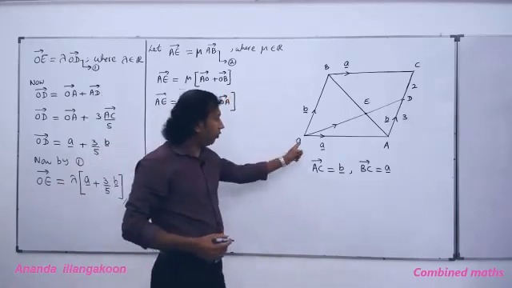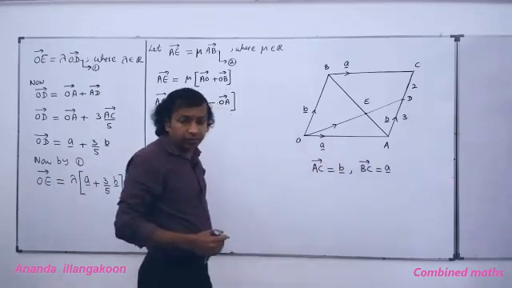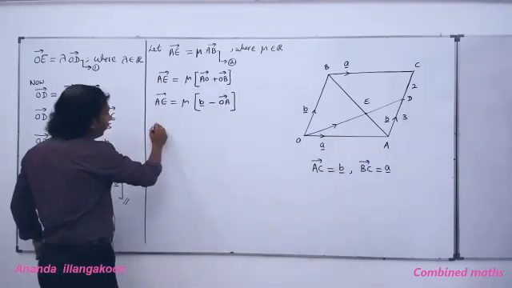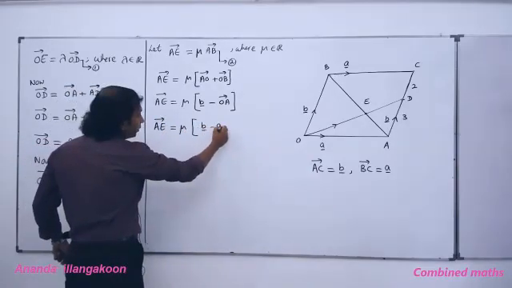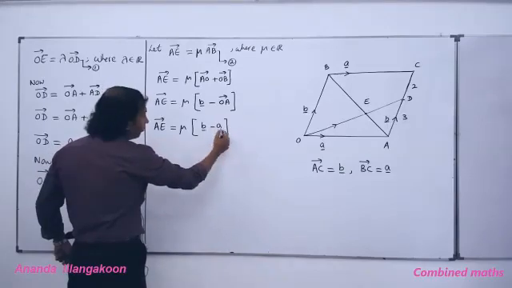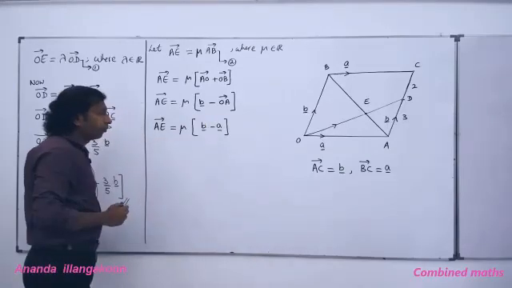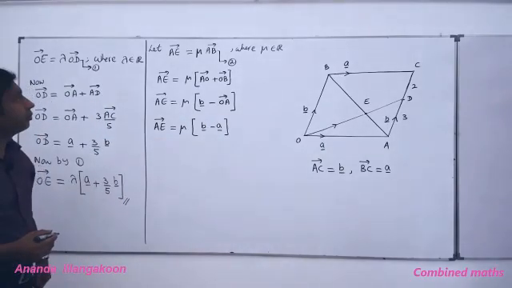But the OA vector is given simply as a. Then we get the AE vector is equal to mu times b minus simply a vector. Okay. Right, now I think you can clearly understand up to here.